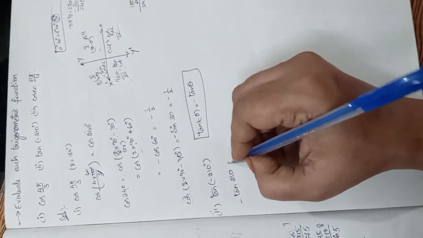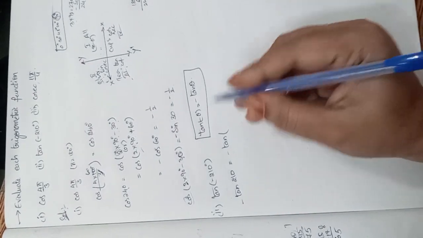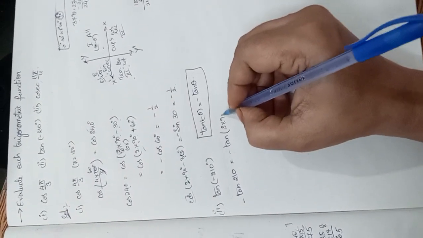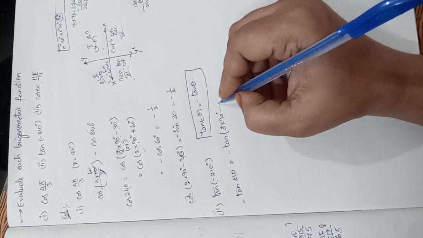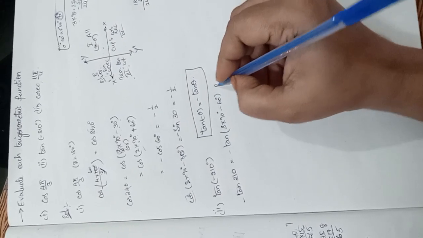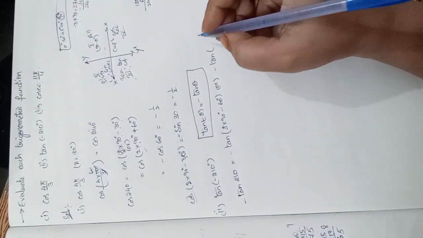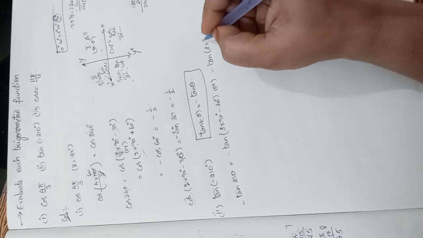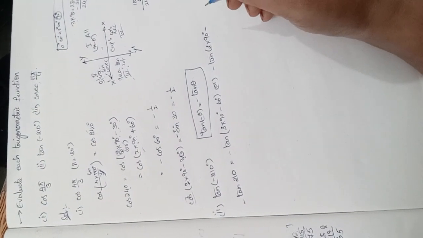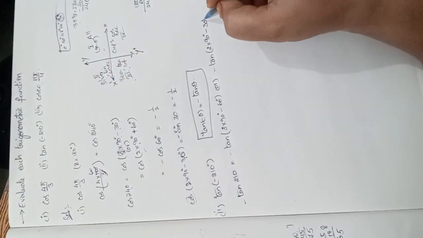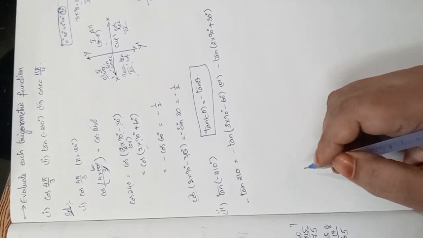Minus tan of 210 can be written as minus tan of 3 into 90, that is 270, minus 60 degrees, or minus tan of 2 into 90, which is 180, plus 30. Oh sorry, 180 plus 30, right?